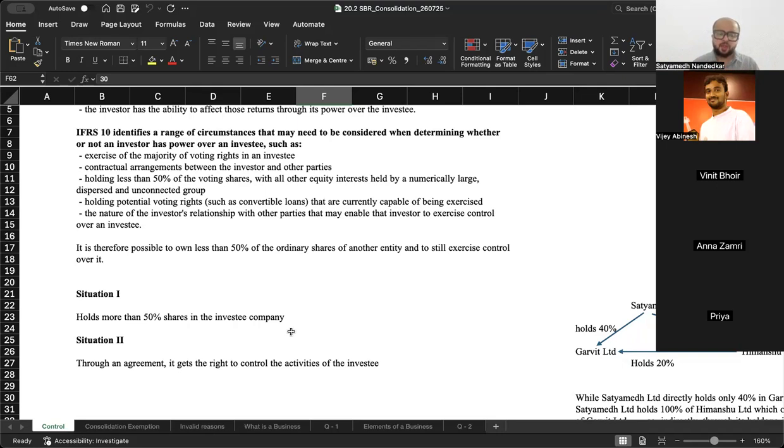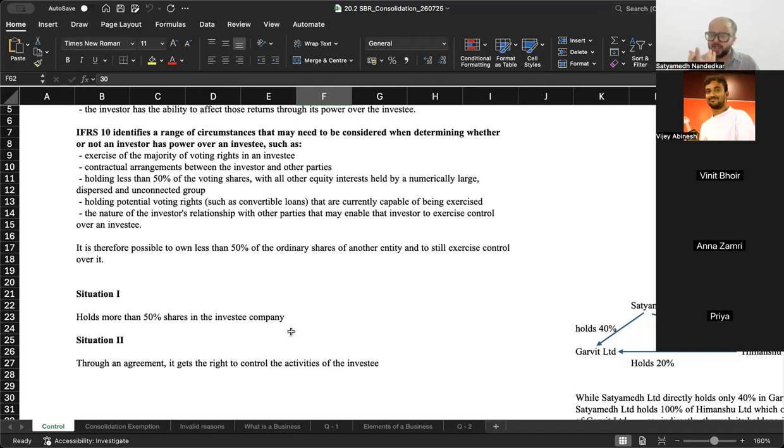Then, those holding potential voting rights that are currently capable of being exercised. Convertible loans which have not been exercised so far, but there is a high probability that these convertible bonds or convertible debentures will get exercised in the future. It is not necessary that the option has to be in the money.